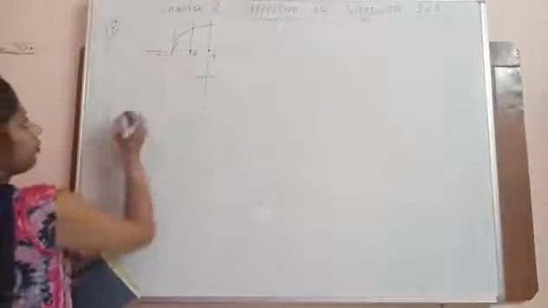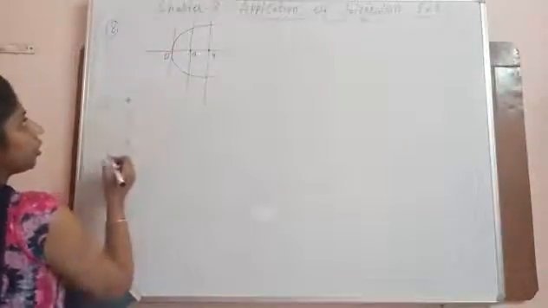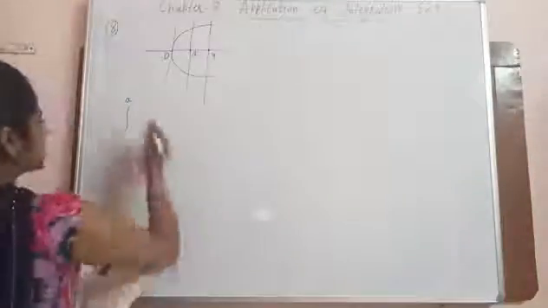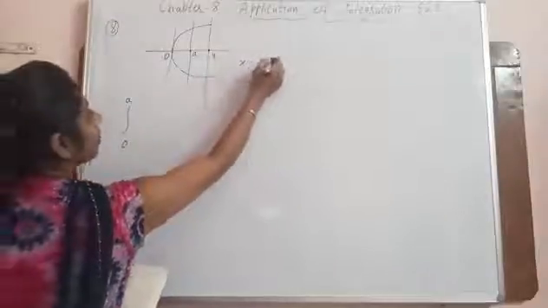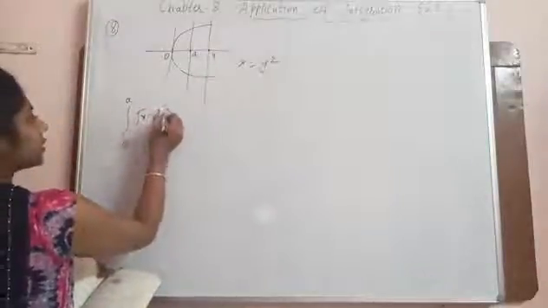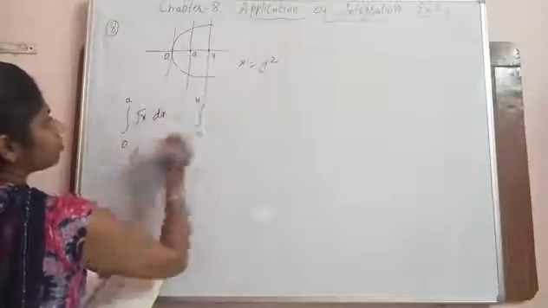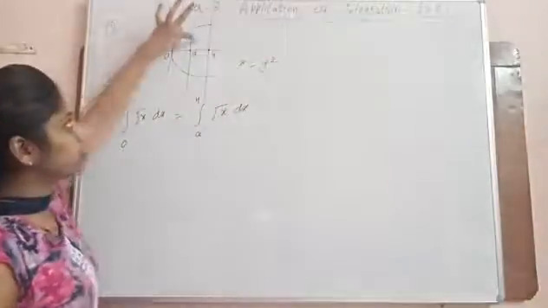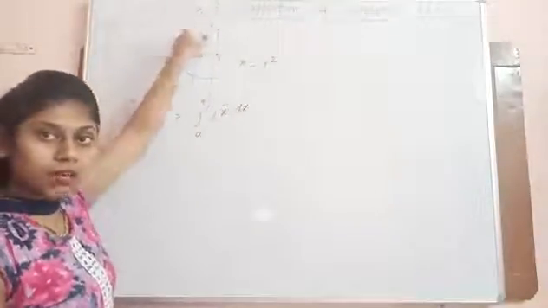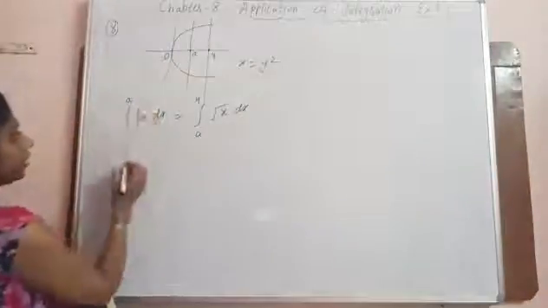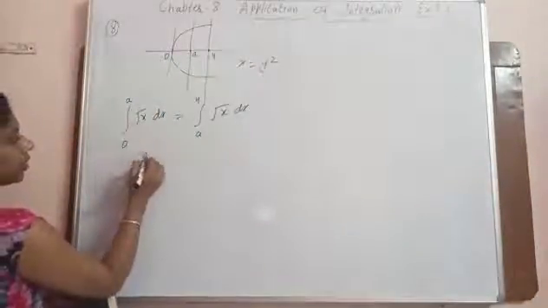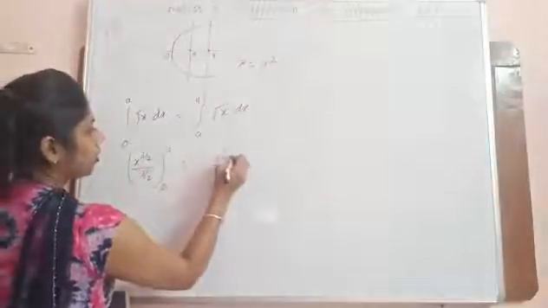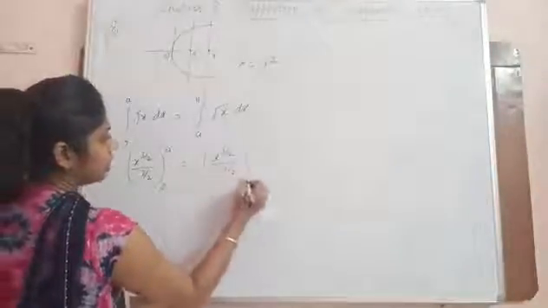Means to say, if you consider the area from 0 to a of this parabola, x equals y square, the value of y is root x dx, equals a to 4 root x dx. This is the area under this curve, again the area under the same curve. Now solve it. Integration of this is x power 3 by 2 upon 3 by 2, 0 to a, and 3 by 2 upon 3 by 2, a to 4.